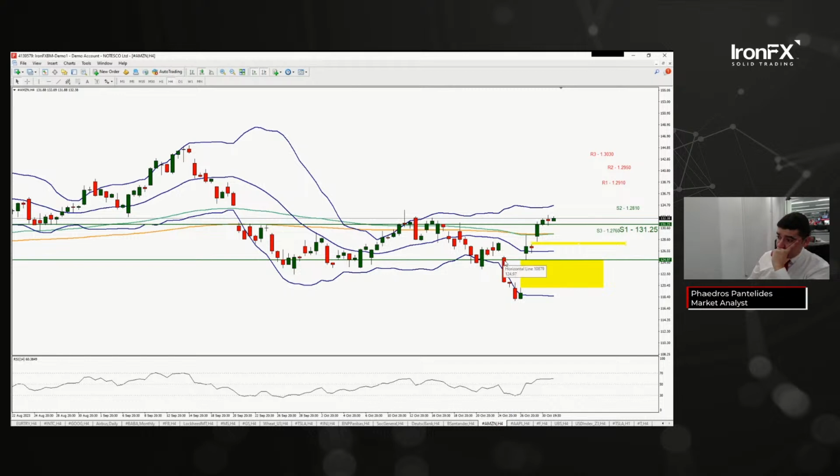Then S2, I'd bring it there. Now, usually I may have taken this point here, more recent, validated by this wick.